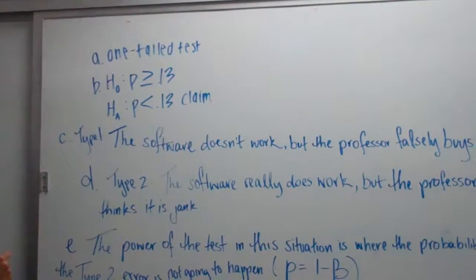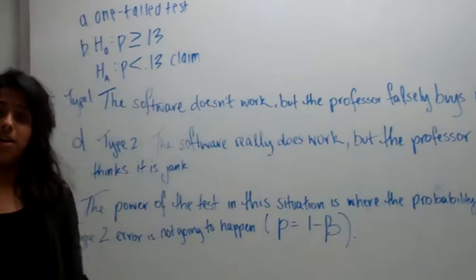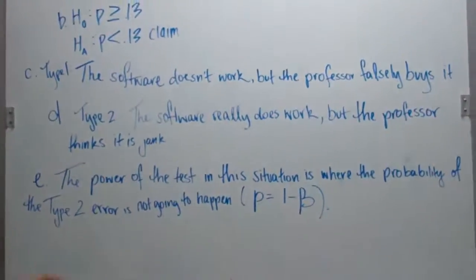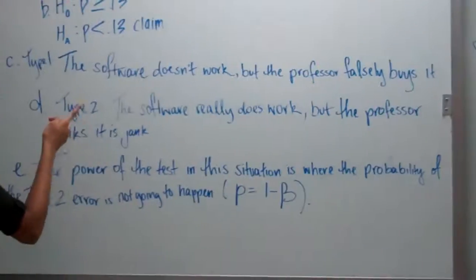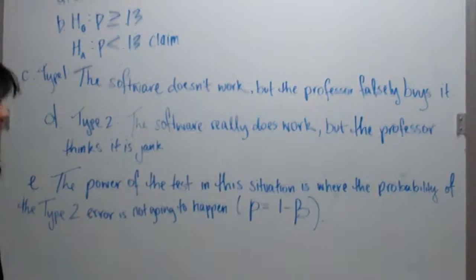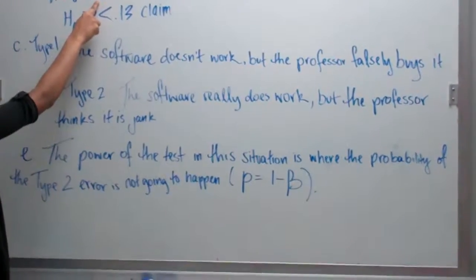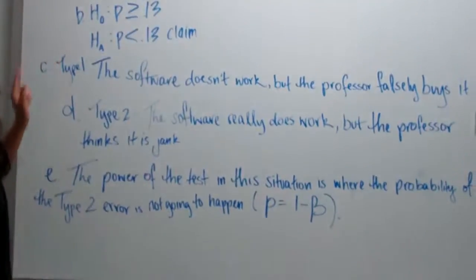Now, a type 2 error, if you remember, would be if the null hypothesis is false, but we fail to reject it. In this scenario, a type 2 error would occur if the software really does work, but the professor thinks that it's jank. So, what that would mean is that this hypothesis is not true, but the professor would accept it anyways.